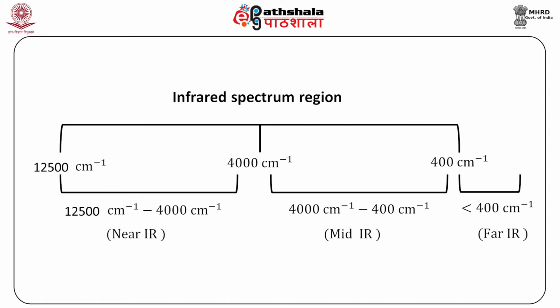Now students, the mid IR region is of greatest practical use to an organic chemist, but the near and the far infrared regions also provide suitable information about many compounds which can be useful in their detection.